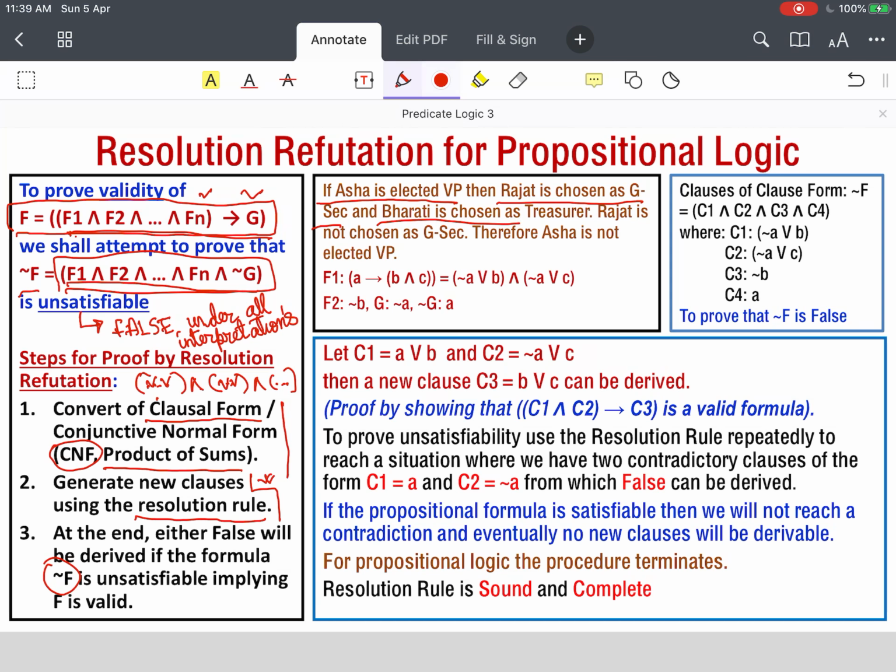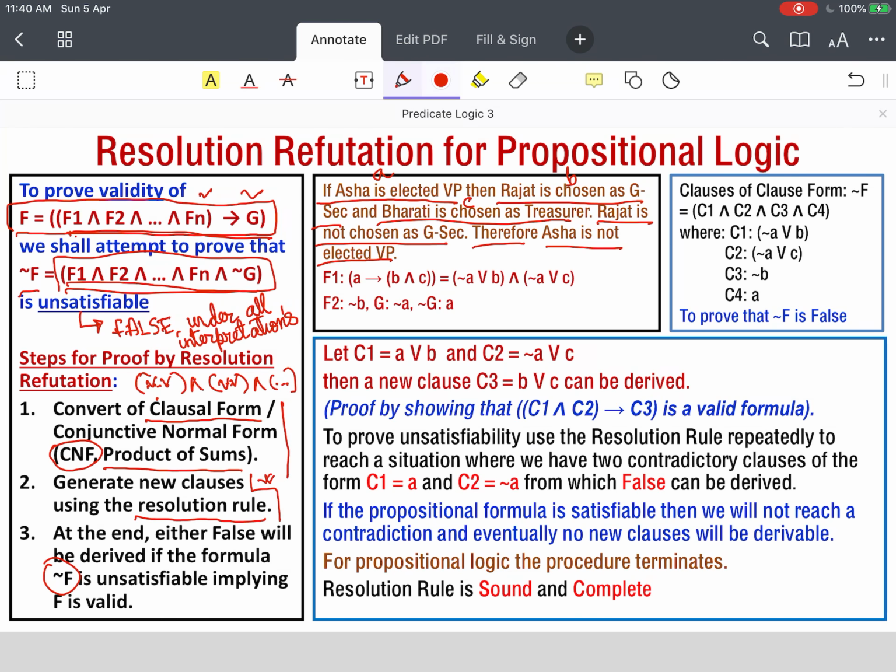If Asha is elected VP, then Rajat is chosen GSEC and Bharati is chosen treasurer. Rajat is not chosen as GSEC. Therefore, this is our goal, Asha is not elected VP. So we choose A to be Asha elected VP, we choose B to be Rajat chosen as GSEC, and we choose C to be Bharati chosen as treasurer.